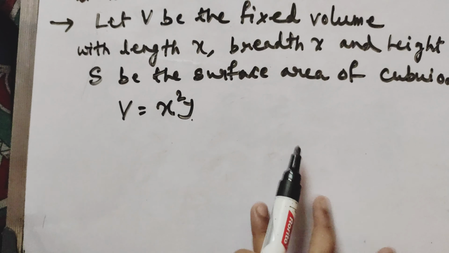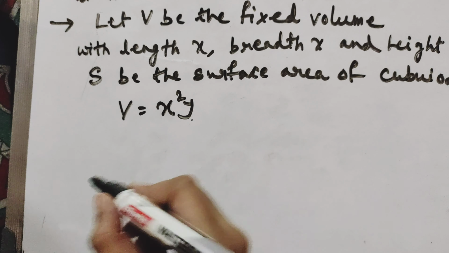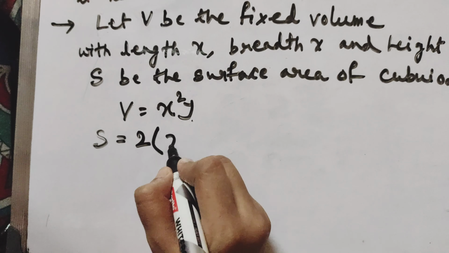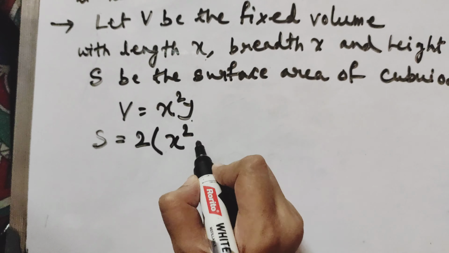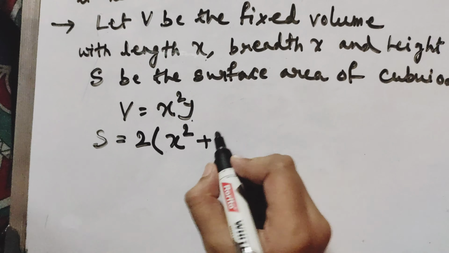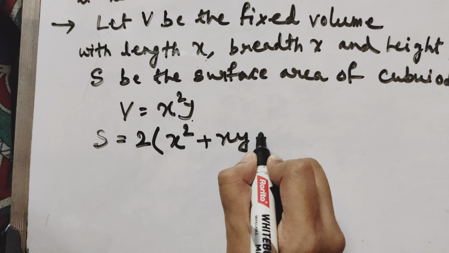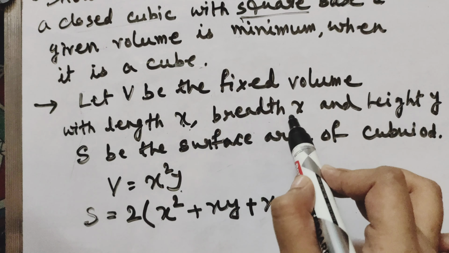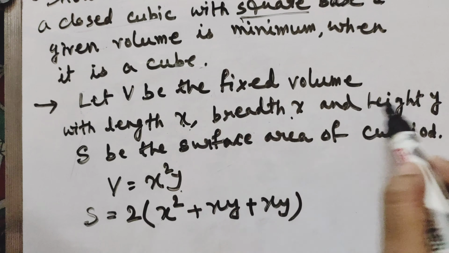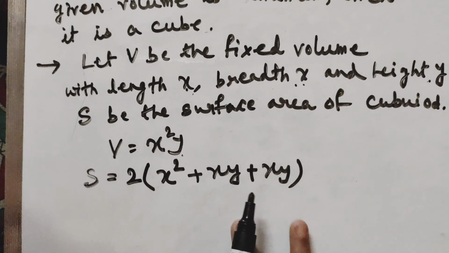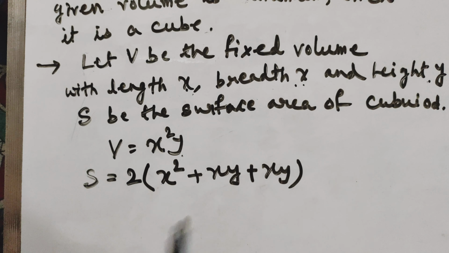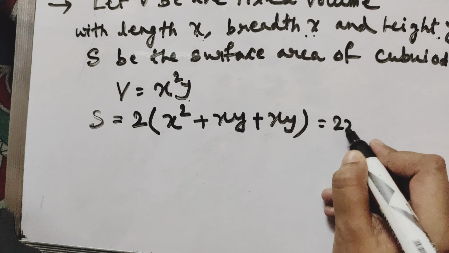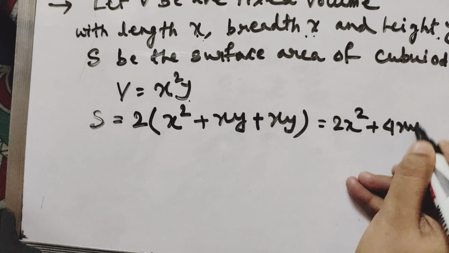Okay, now what is the formula of the surface area? That is 2 into x squared plus xy plus xy, so x into x, then x into y, then y into x. So finally we get S equals 2x squared plus 4xy.